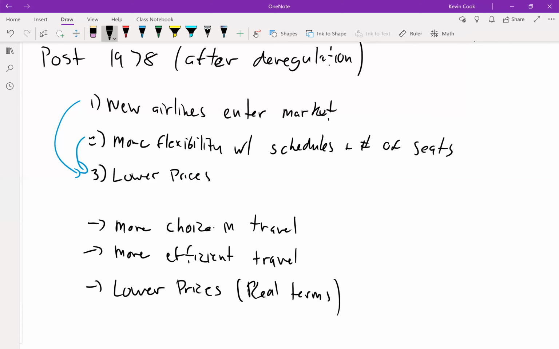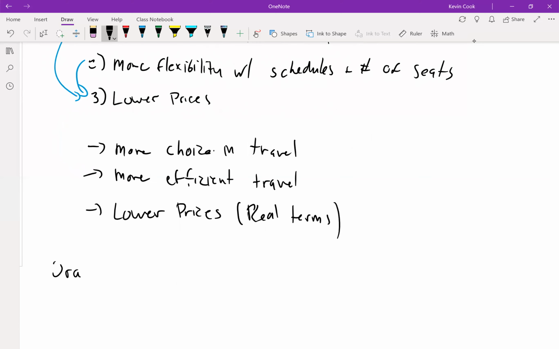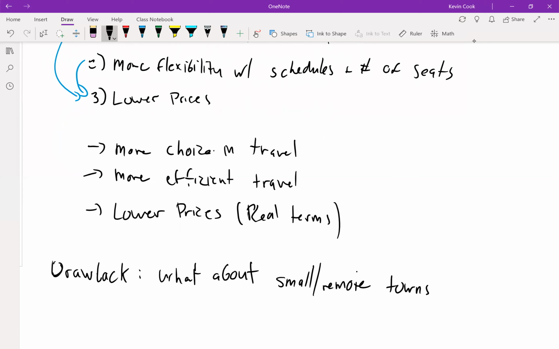So we have these three effects that came up, but we have one drawback to our deregulation, and that is, what about our small airports? What about small, remote cities and airports? With regulation, for your more popular routes, they were kind of like, well, we'd like to have competition, and we'd like to have some lower rates.